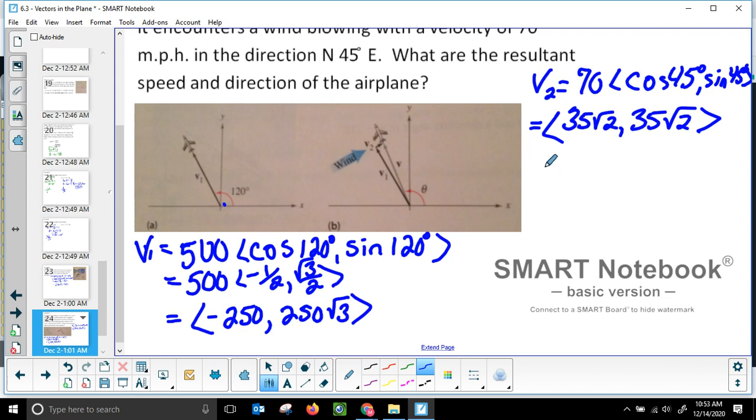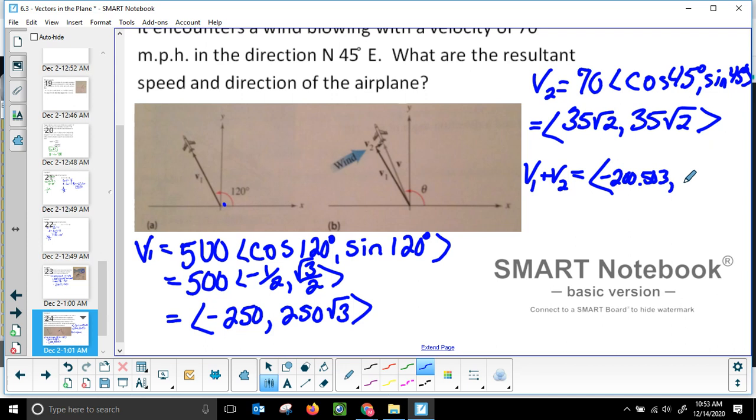Now, of course, we can't really add these things because they have different radicals. So we're going to want to put them in decimal form. V1 plus V2 is going to equal, if we do in our calculator negative 250 plus 35 times the square root of 2, we get negative 200.503.